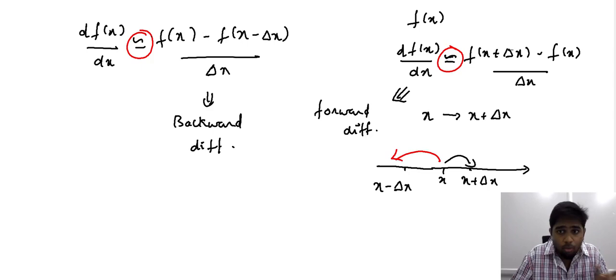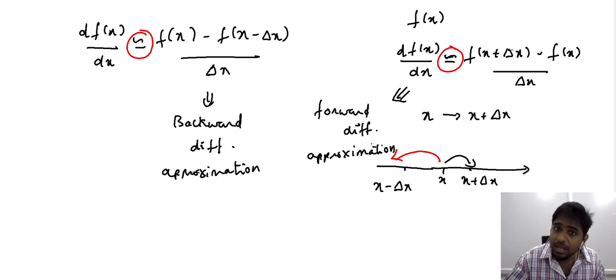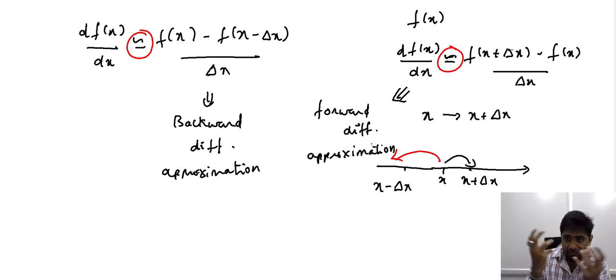And since both these are approximations of the actual derivative, these approaches are referred to as the backward difference approximations or forward difference approximations. So these are two different approximations, and the fundamental principle that differentiates these approximations is, we need a point that is different from the original point.